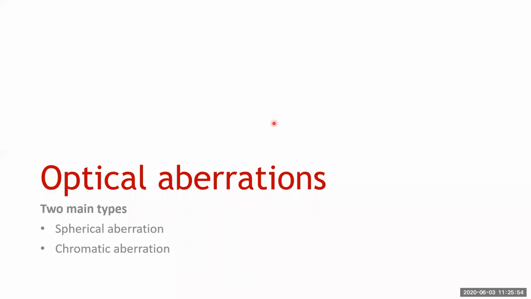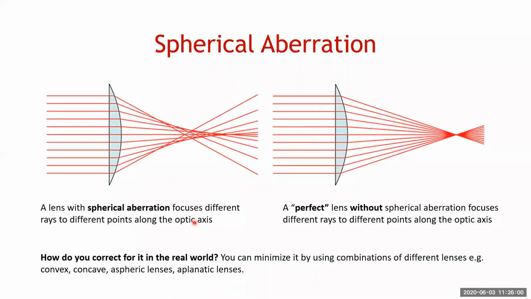So there are two main types of optical aberrations, spherical and chromatic. Spherical aberration simply describes when the lens focuses the different parallel rays to different locations along the optical axis. So instead of a perfect F, you have a jumble of rays that are not actually being focused into a focal plane.